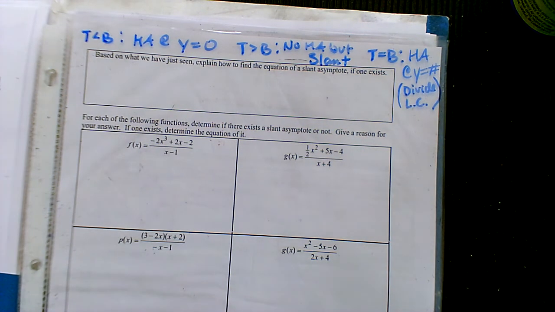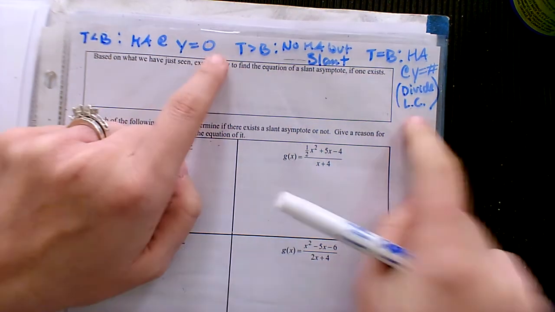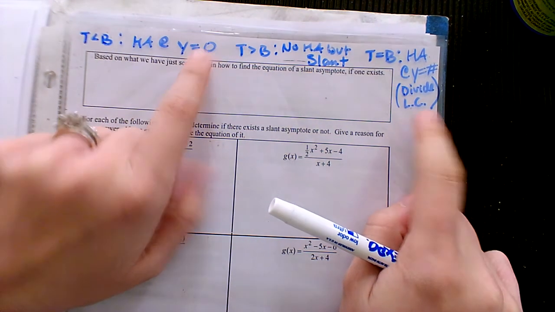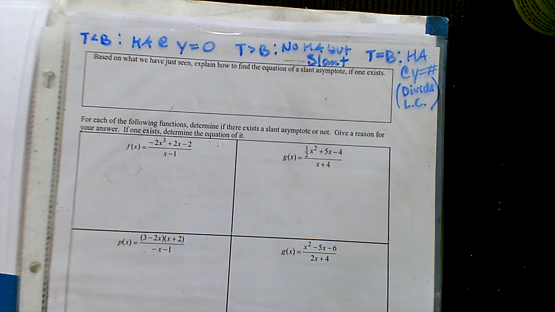Okay, so we rolled through those options. Of the three options, we paid a little bit more attention to this middle one yesterday, the slant asymptote, because the other ones are pretty simple, it's either 0 or a number. The slant asymptote, though, could be an equation. How did we figure out the equation of a slant asymptote yesterday?